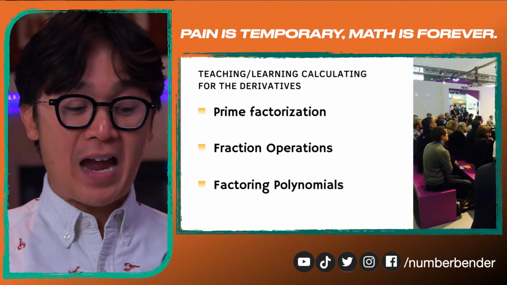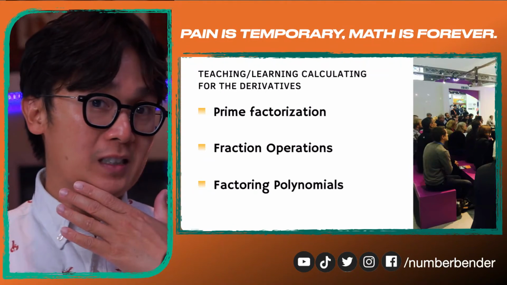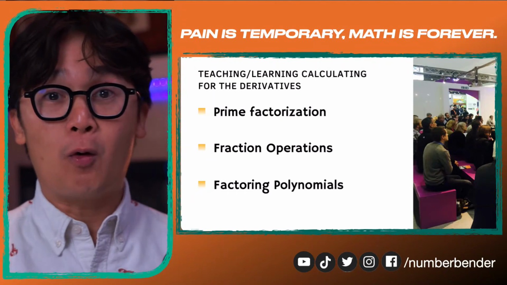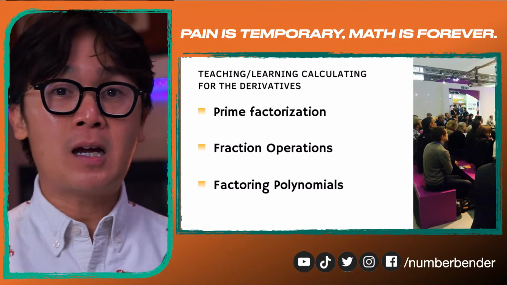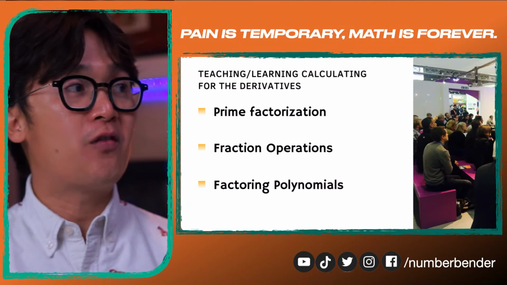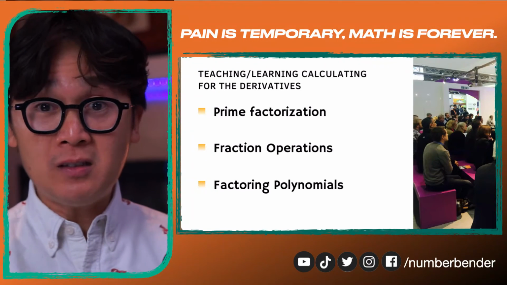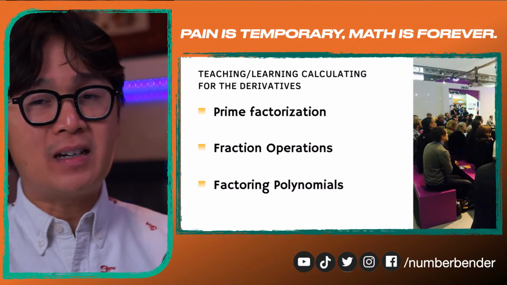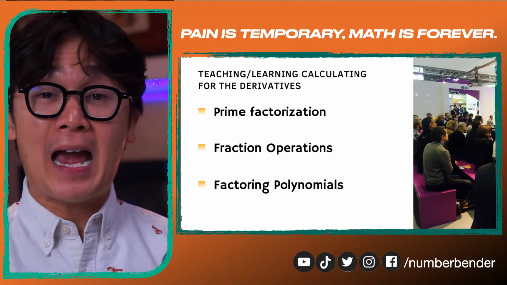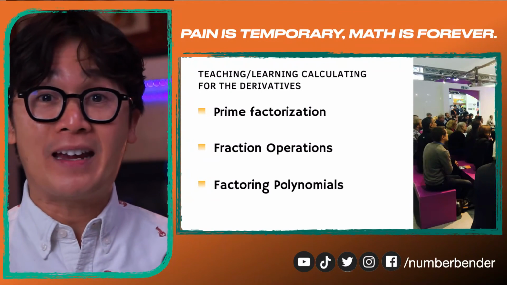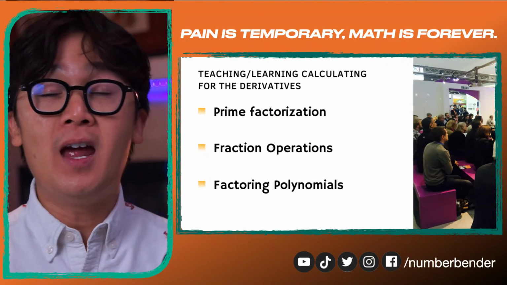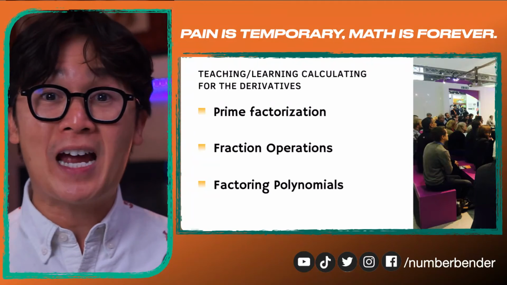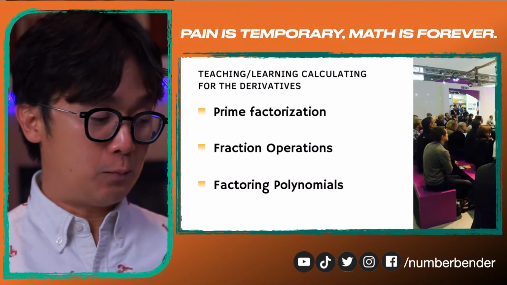First, prime factorization, which is pretty simple yet important if they want to understand why factoring is needed in some of the operations in rational expressions. And of course, the fraction operations. And after that would be the factoring techniques that we have learned in algebra, so that they will be ready in tackling problems involving rational expressions, from simplifying them all the way to adding and subtracting rational expressions.